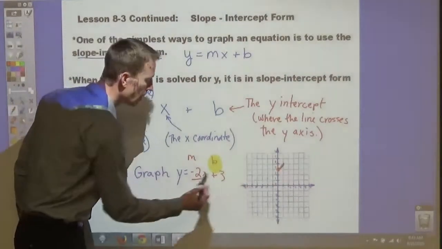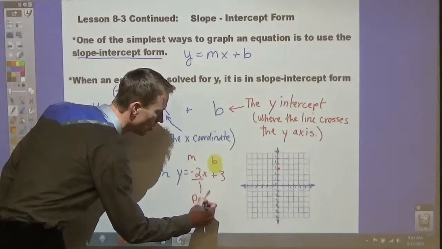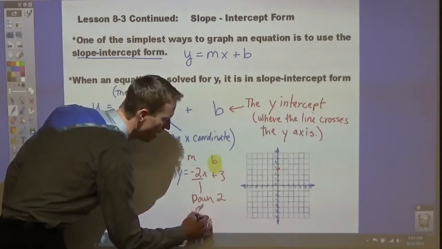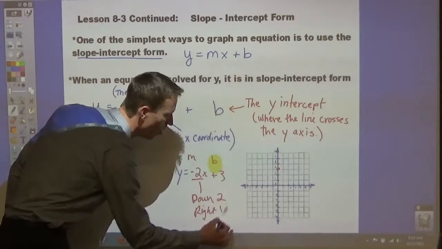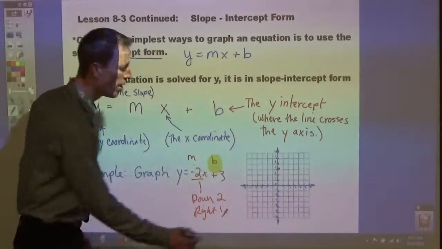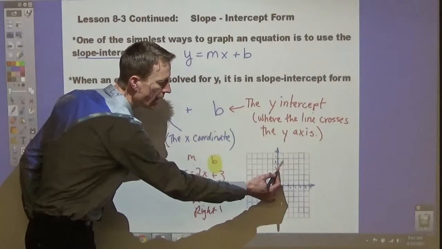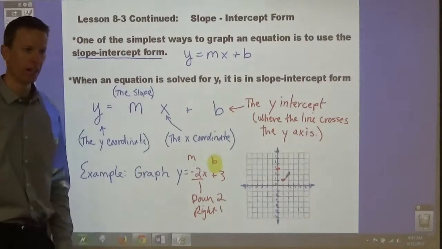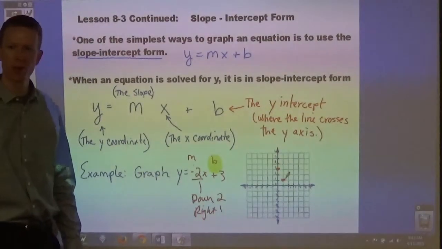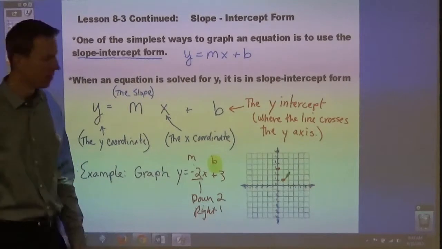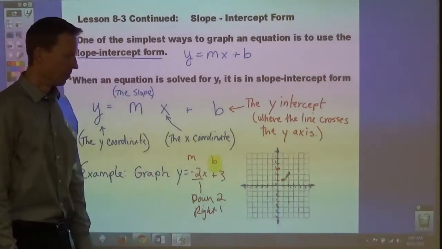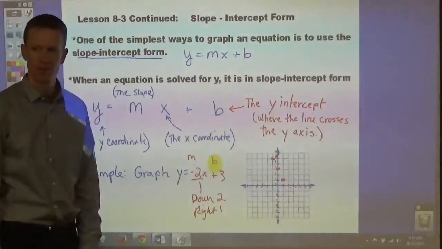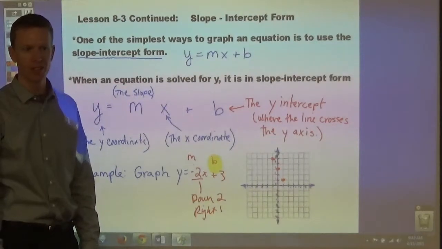The next point goes down 2 and right 1. -2 over 1. So from the y-intercept, go down 2 and over 1 and mark that point. From the 3, go down 2 and over 1. You could also go up 2 and left 1 if you wanted to, because that's still on the line.